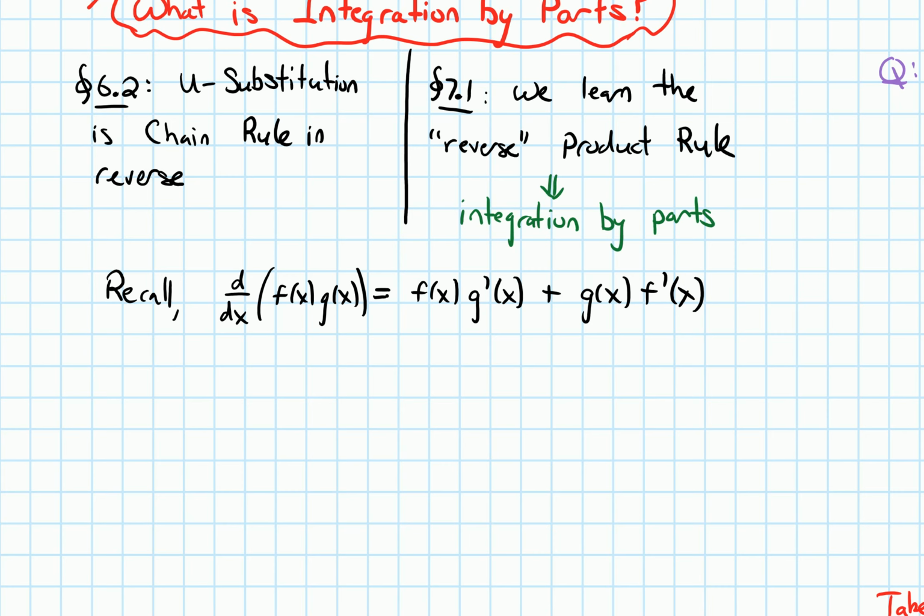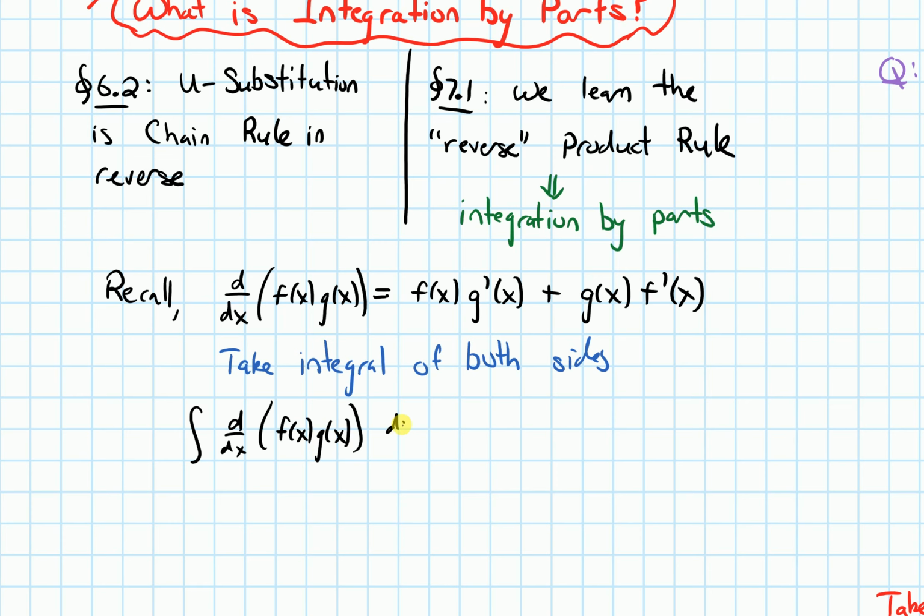All right, so I want sort of a reverse product rule. I need to somehow get this into integral form. So let's take the integral, or the antiderivative, of both sides. So we'll end up with the integral of the left-hand side, d dx of f of x times g of x.